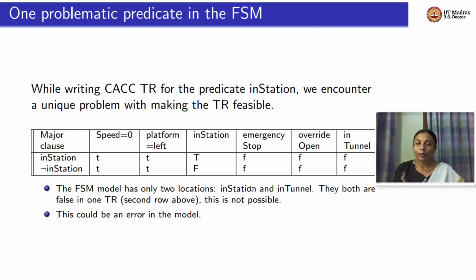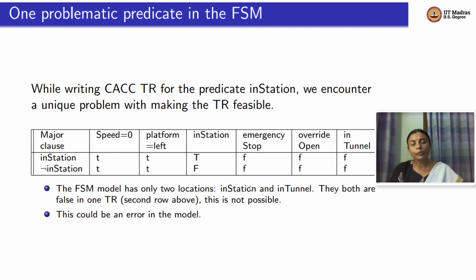One way to interpret it would be to say that this is an infeasible test requirement because it says that both in station and in tunnel should be false. The other way to interpret it would be to say that there is something wrong with the specification of the finite state machine. Maybe we should change the specification. This could also indicate that the machine has been wrongly specified and that there is an error in the model.